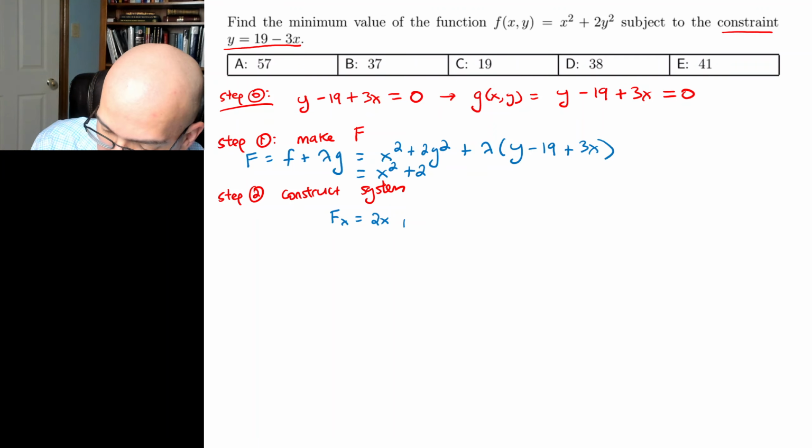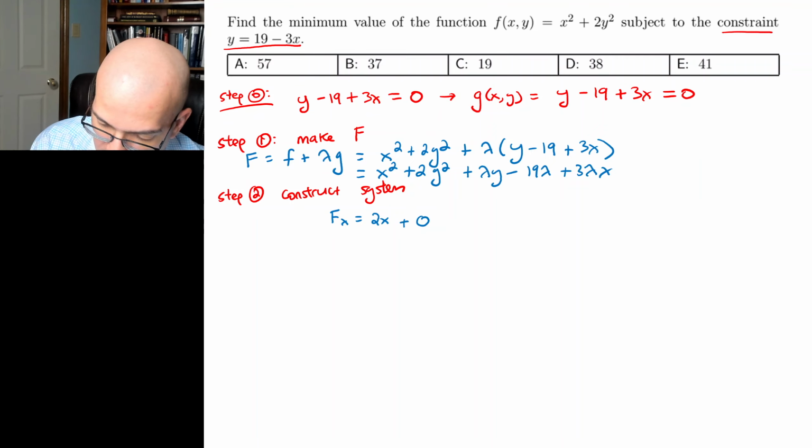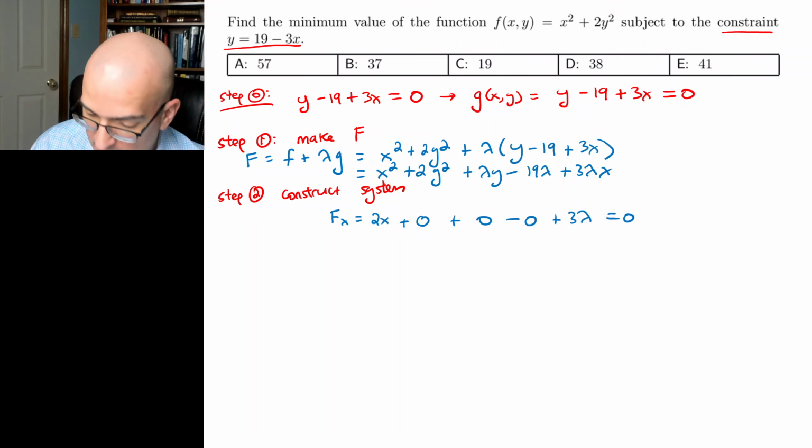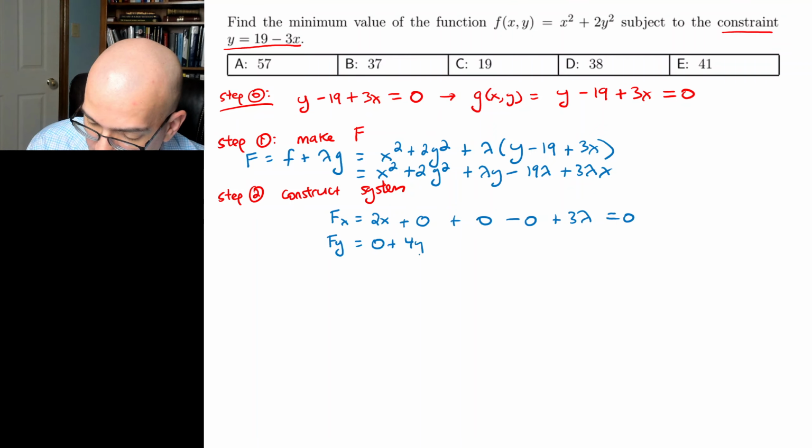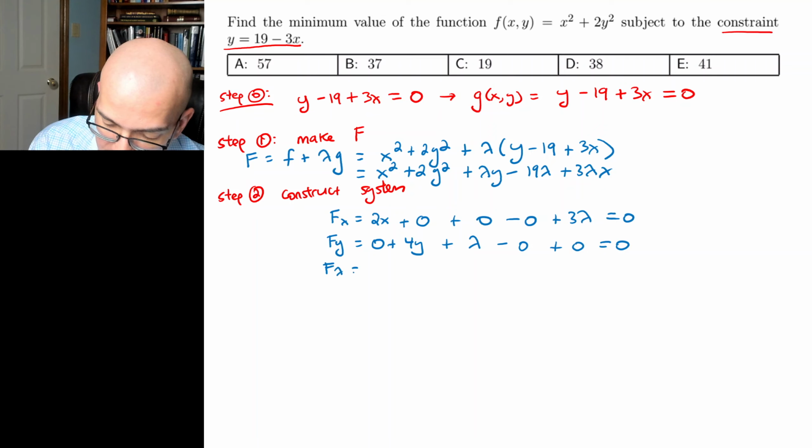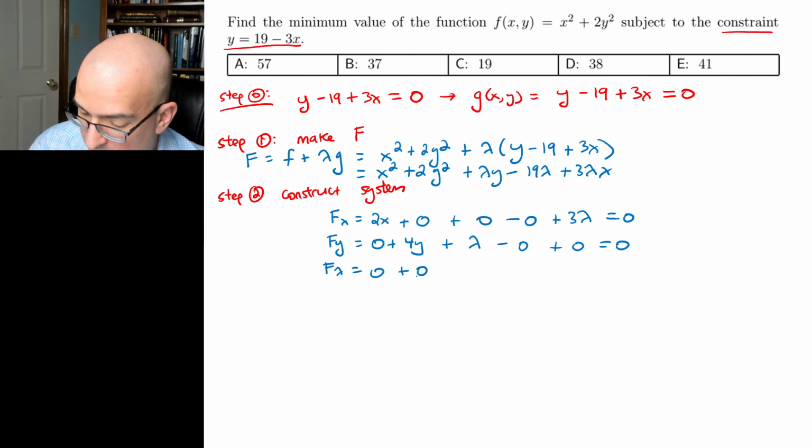So x squared plus 2y squared plus lambda y minus 19 lambda plus 3 lambda x. Then take the x derivative, so we get 2x plus 0 minus 0 plus 3 lambda, and we set that to 0. We have the y derivative, 0 plus 4y plus lambda minus 0 plus 0 is equal to 0. Now we have the lambda derivative, 0, 0, and then it's going to just be the constraint y minus 19 plus 3x equals 0.